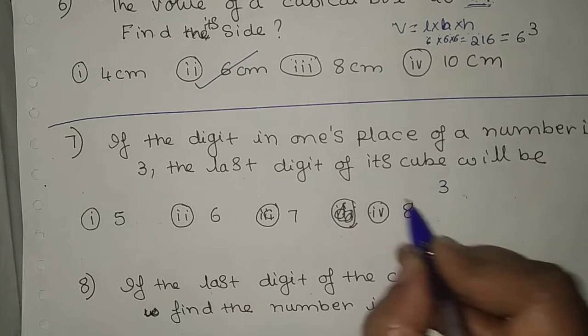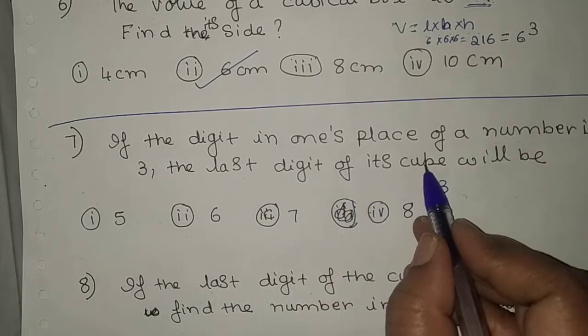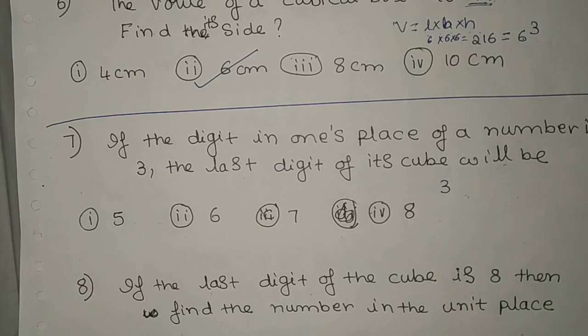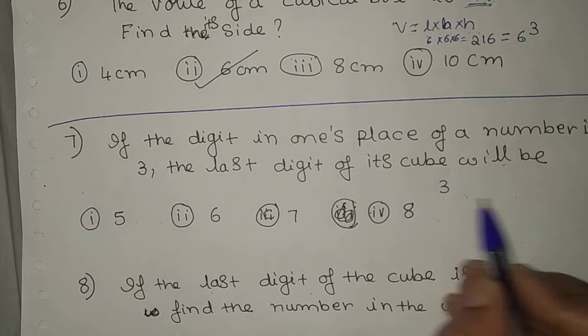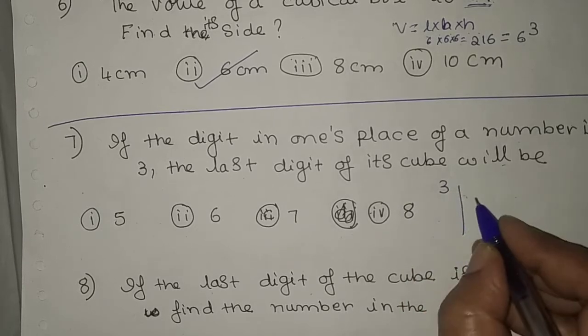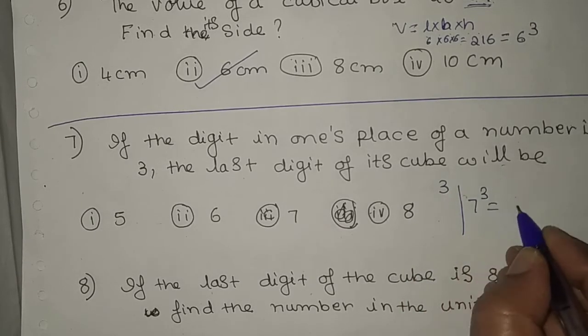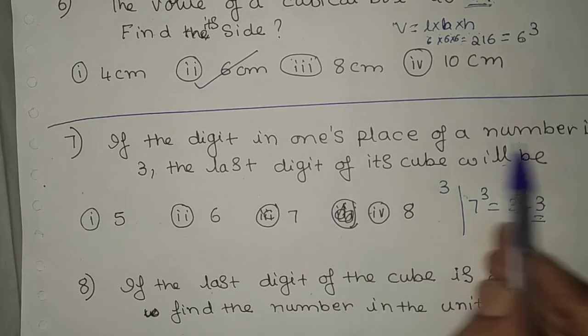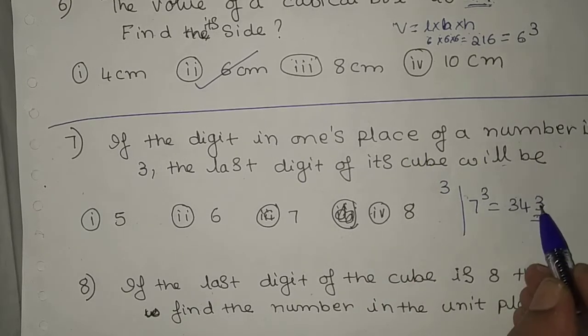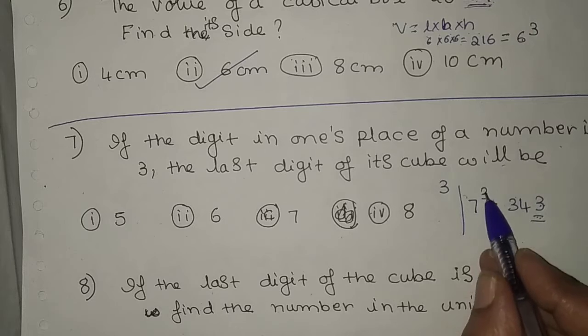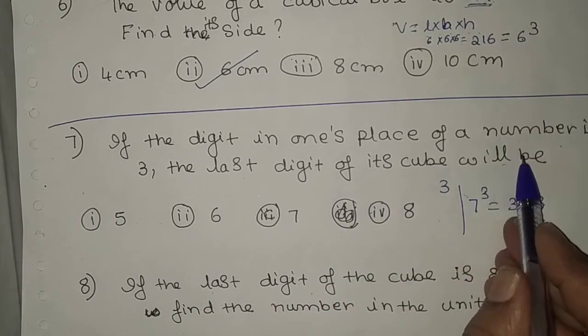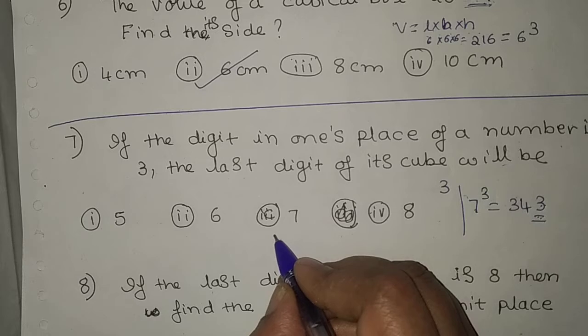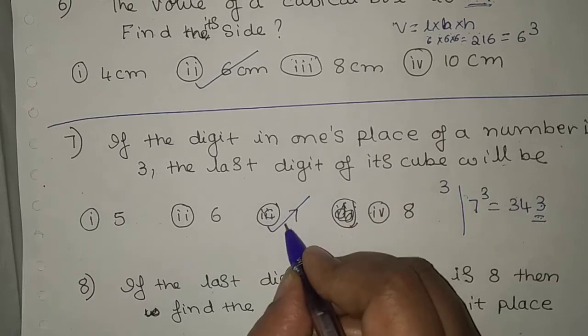So we have to check in the table where 3 comes. 3 comes here, see, 7 cube is equal to 343. 3 is in the ones place. So it comes in 7 cube, so the last digit of the cube will be 7. So option C, or 3, is the correct answer.